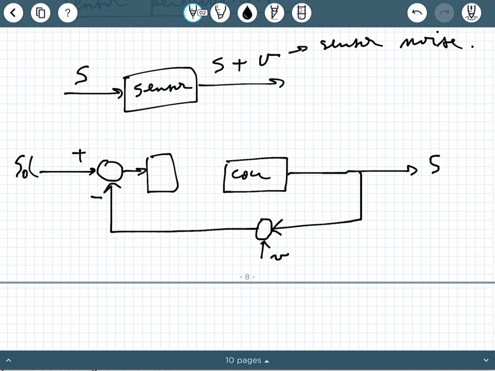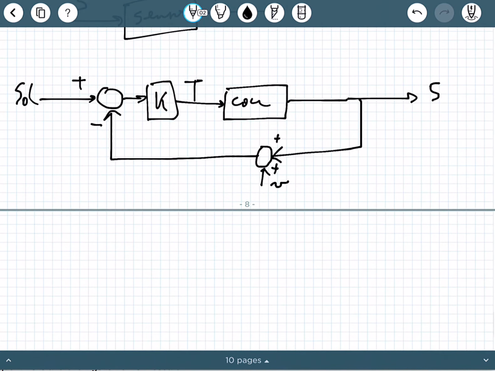And that feeds into our controller that then produces the throttle T, okay? So what you see is that the sensor noise can be measured as something that enters the feedback loop, typically where I have shown it, okay?